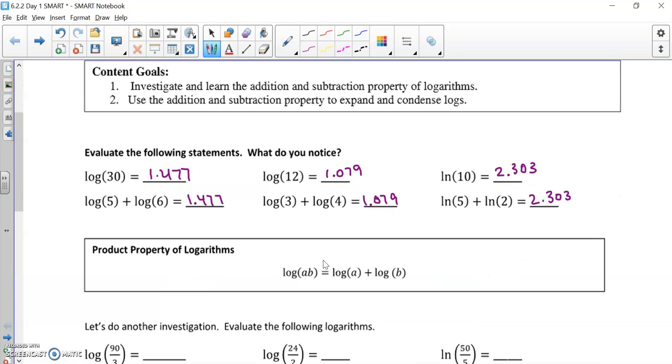And that's exactly what the product property is. It's telling us that we can go from multiplication inside of one log, that's why we use the word product, and translate that to the addition of two different logs. Okay, so you can think of this as going between multiplication and addition.